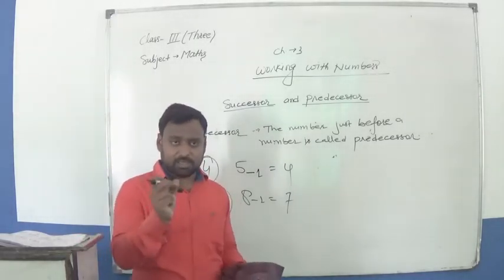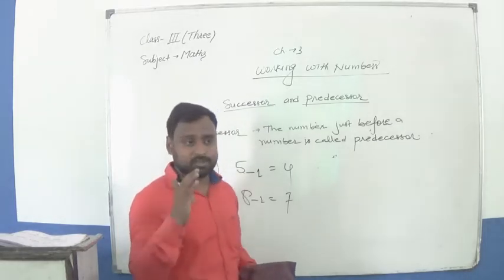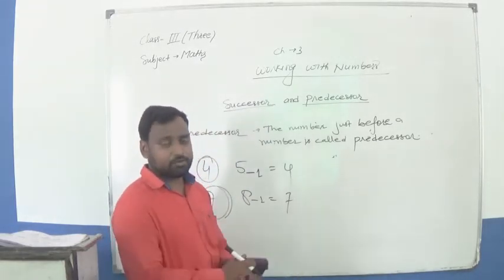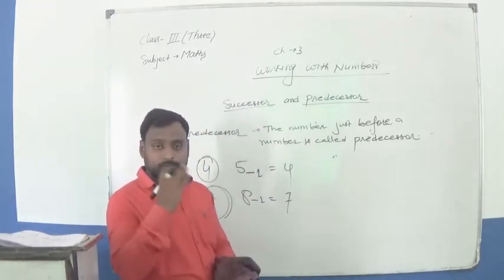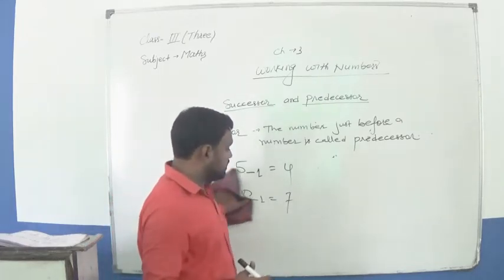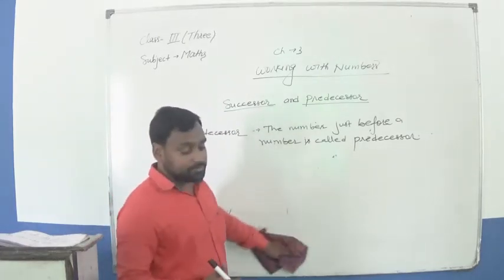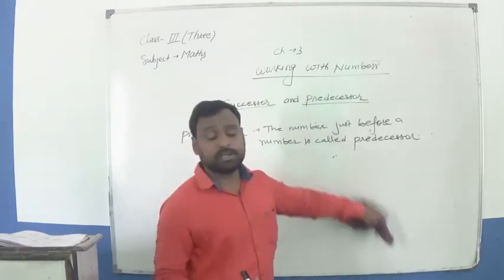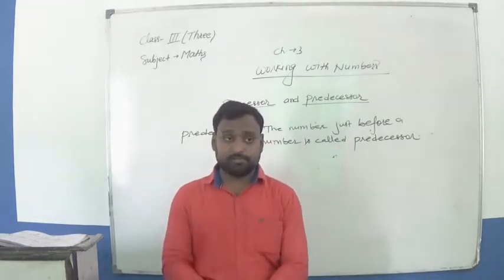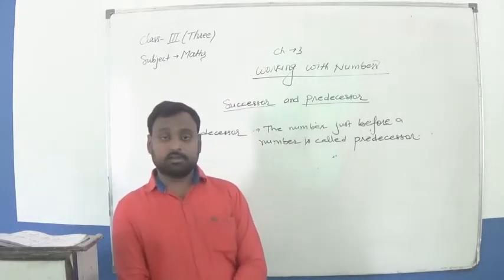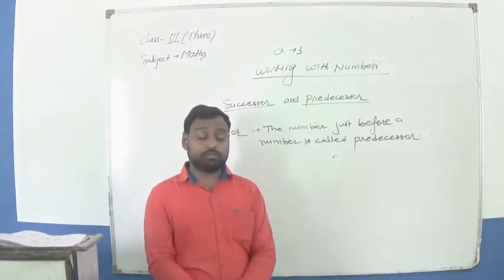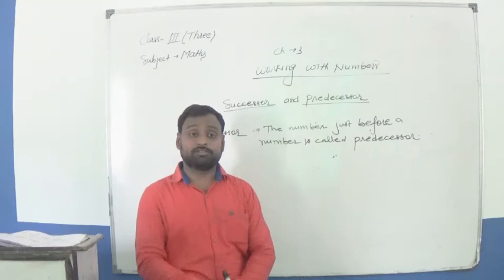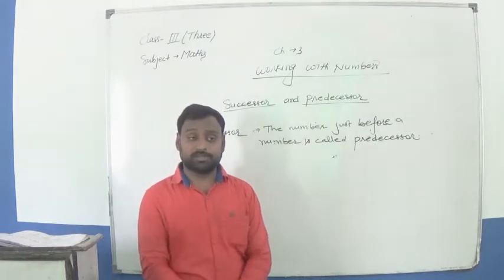Means in Hindi, बाद वाले नंबर को हम लोग सक्सेसर बोलेंगे और पहले वाले नंबर को हम लोग predecessor बोलेंगे. Now in this chapter you have to find out predecessor and successor. I have just taught you how to find out successor and how to find out predecessor.